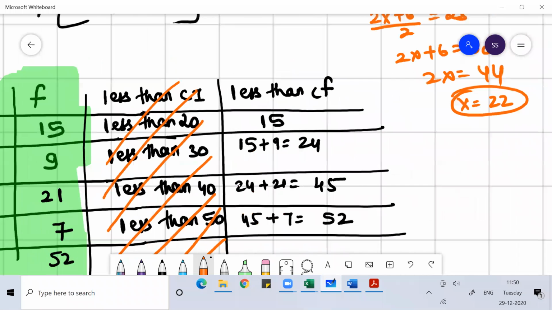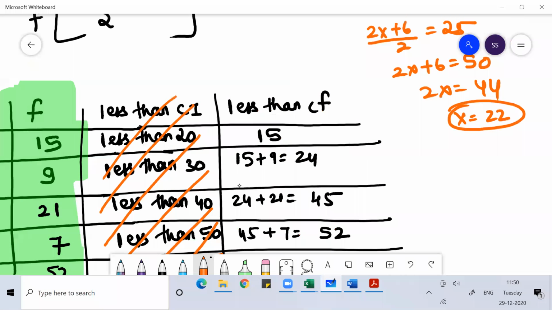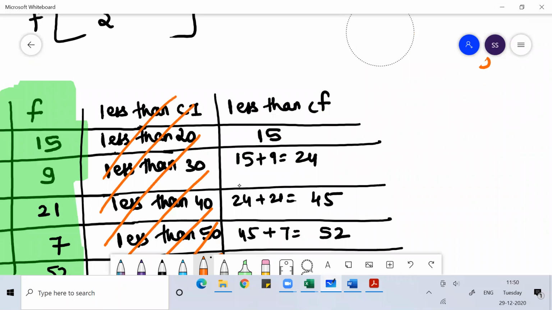Whenever you have to do the median calculation, the first thing you need to determine is the sum of f by 2.